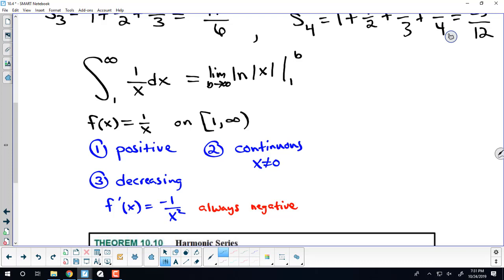Which diverges, right? Because the natural log approaching infinity also approaches infinity. So it diverges, 1 over x rather, the integral diverges, which means the harmonic series diverges as well.